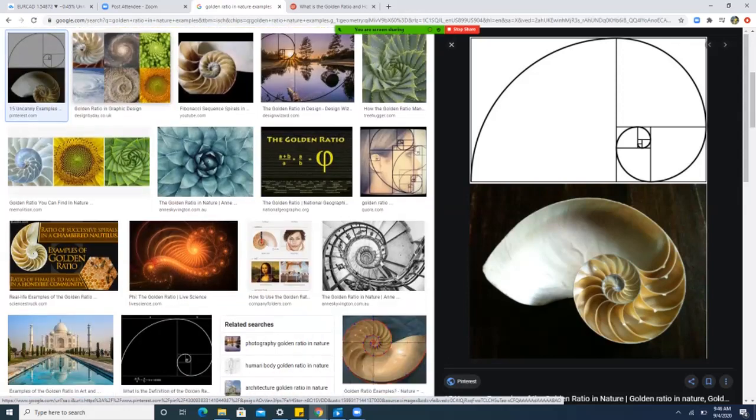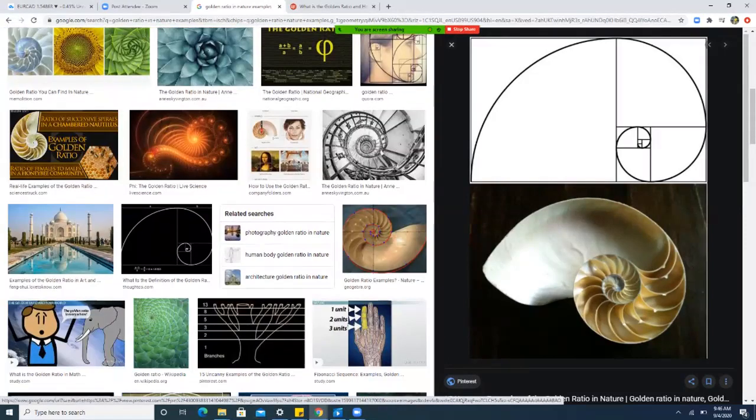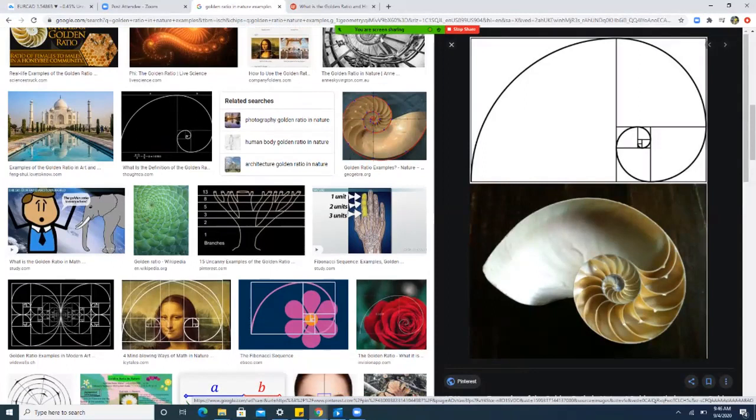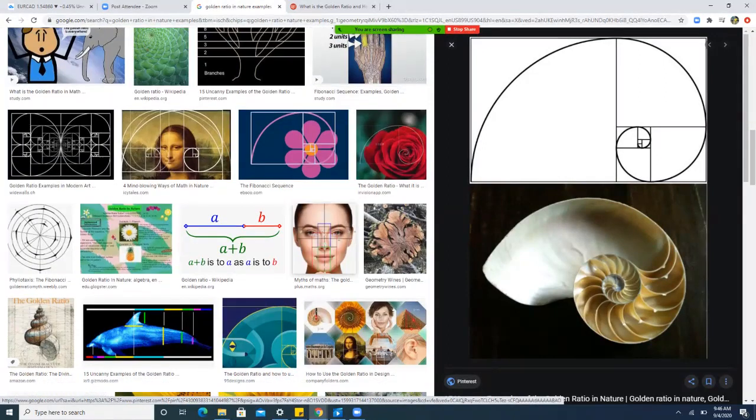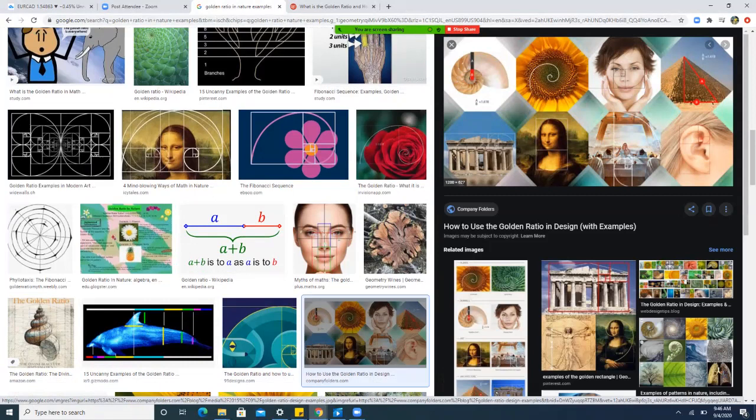You can literally keep going, example after example of Fibonacci. This is the Fibonacci sequence used with how a tree divides, the Fibonacci sequence within the Mona Lisa, within your fingertips, within the structure of your face, within the body of a dolphin. All of these follow the golden ratio.